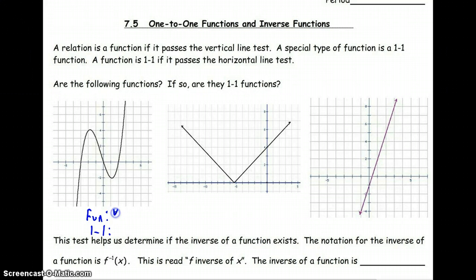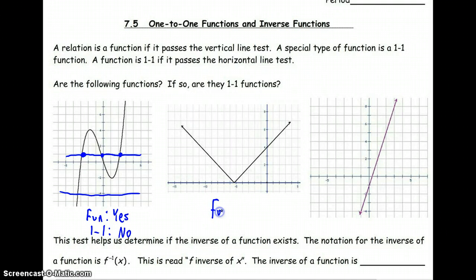That means that we would have a function, yes. For a one-to-one function, we have to have any horizontal line only crossing a maximum of one place. Sadly, as we look right here, we have a horizontal line that crosses more than once. As soon as we see that, we know that it is not a one-to-one function.